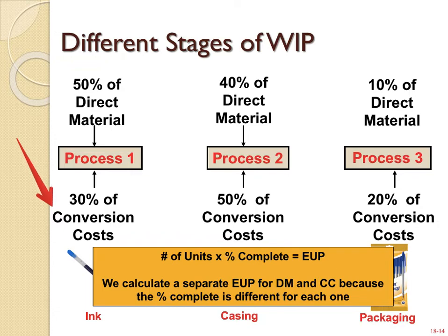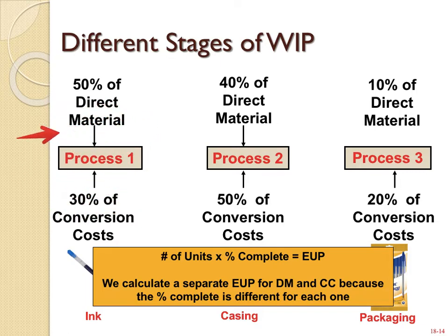And so again, to remind you, our formula for calculating equivalent units of production is the number of units times the percent complete. That equals your equivalent units of production. So therefore, we must calculate a separate equivalent units of production for direct materials and conversion costs, because the percent complete is different for each one.